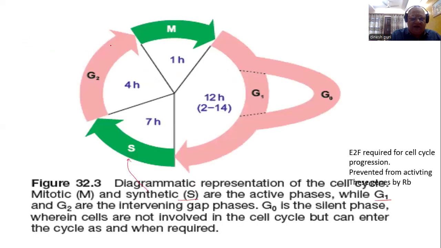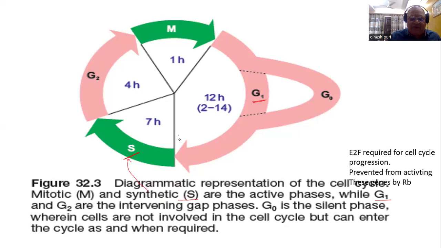Just to refresh, what is meant by the G1 checkpoint? The cell cycle proceeds in various phases. G1 is a silent phase. S is when the synthesis or replication occurs.